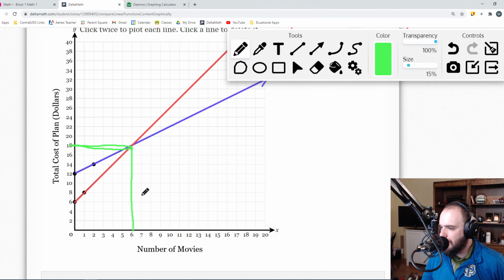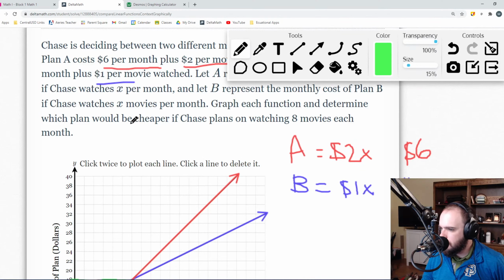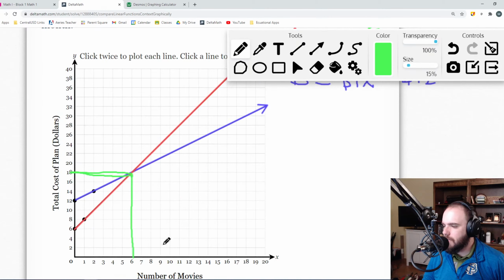All right, so when my X is 6, they're going to match. They're going to be the same. So anything below 6 movies, the red line is cheaper. Anything above 6, the blue line is cheaper. Let's go back to our question. Which one would be cheaper if he was watching 8 movies? Remember, 8 is represented by our X. So we're going to take a look right here.